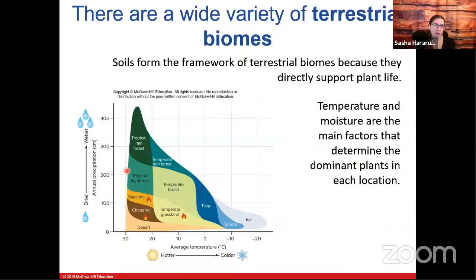So let's say there used to be 100 centimeters a year of rainfall, and over time, the new amount of rainfall that would fall annually would be 200 centimeters within a grassland. After 100 years, what kind of biome do you think it would be?